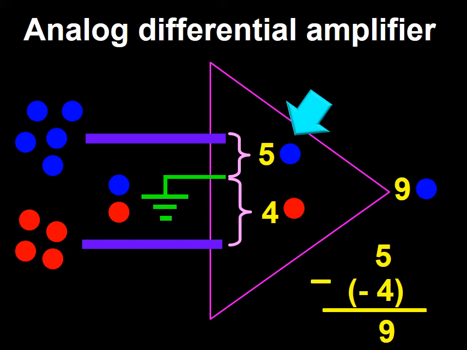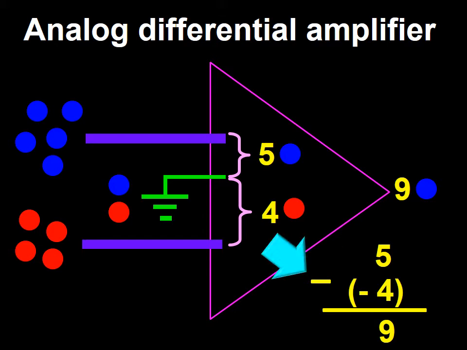In this figure, this operation results in 5 positive charges because the ground in this example is neutral. The same occurs when the charges enter G2, here depicted as red circles, representing negative charges. The result of this operation is 4 negative charges.